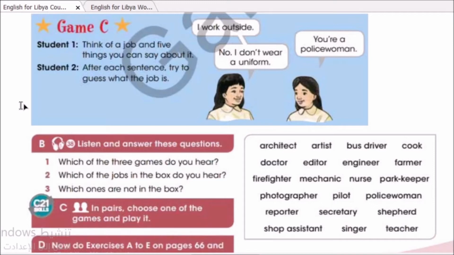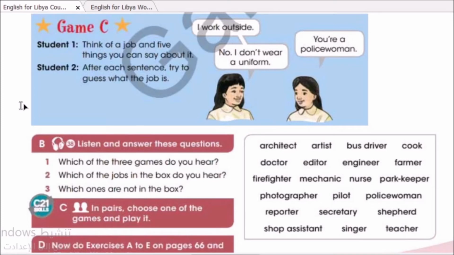Student 2 has to guess what the job is. Student 1 says 5 things about the job, and after each sentence, student 2 makes a guess. Remember, only 5 things, no more. If student 2 can guess the job after hearing just 5 sentences or fewer, he gets a point. If not, nothing, right? You can begin now.